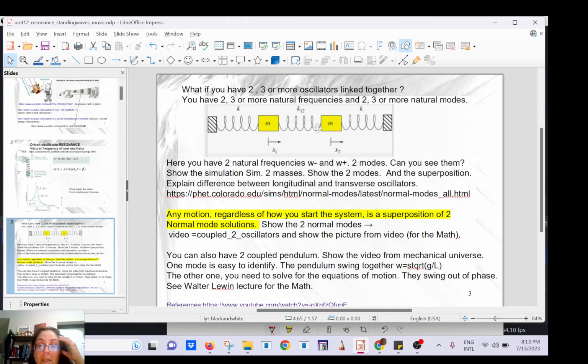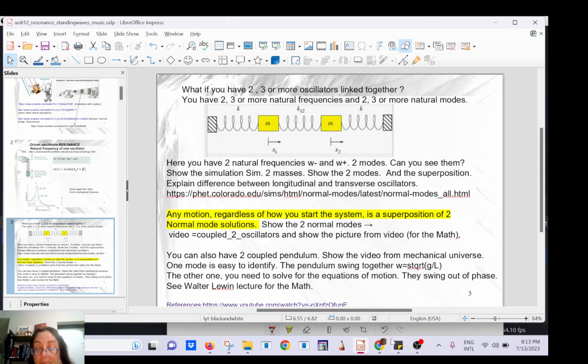In that case, you're going to have two natural frequencies, so two resonance frequencies: a low resonance frequency and a larger resonance frequency. This is called coupled oscillators, because those two masses are linked together by springs. So everything is linked here. What's going to happen when it oscillates?